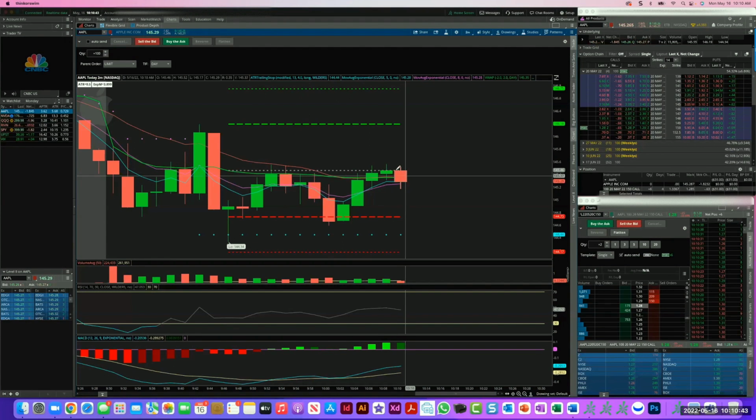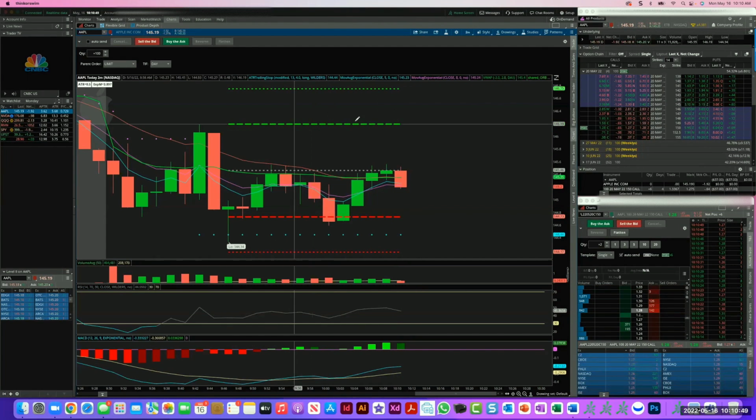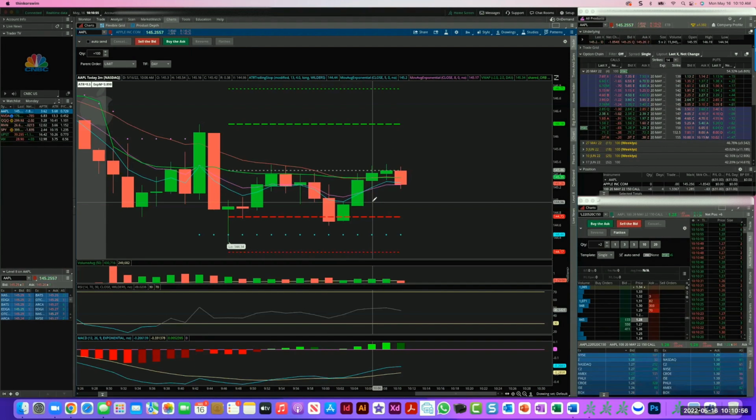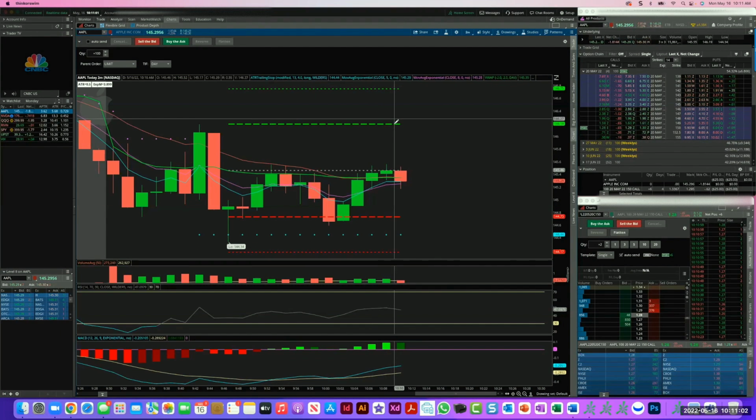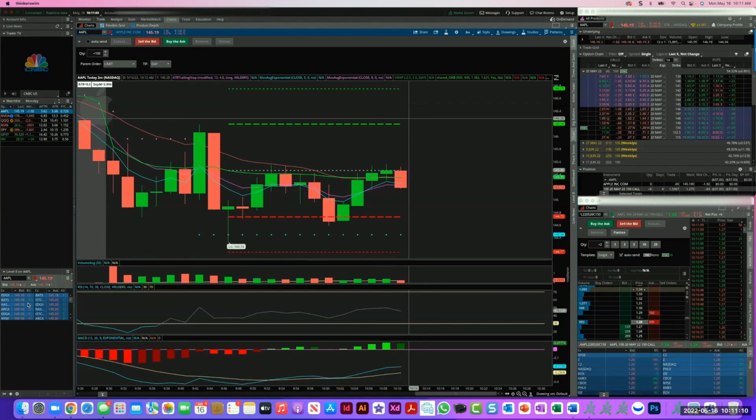So we're expecting to break out of this consolidation to the upside. We're going to look to have some resistance here at this opening range high, which is also where we have an ATR trailing stop on the 1 minute. That's at 146.20 thereabouts. And then we would look to break through that. And then once we break through and test that as support, we would look to buy a couple more contracts on Apple.